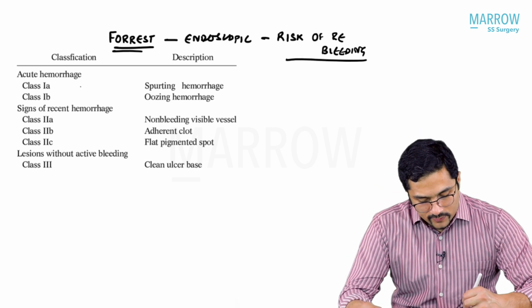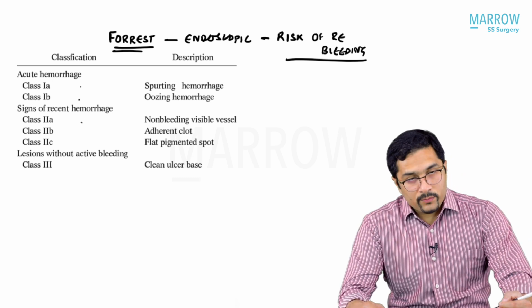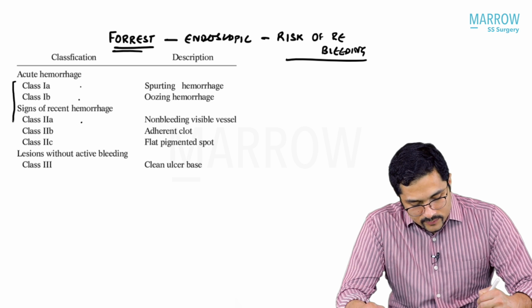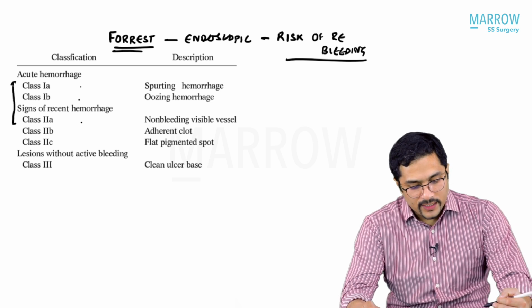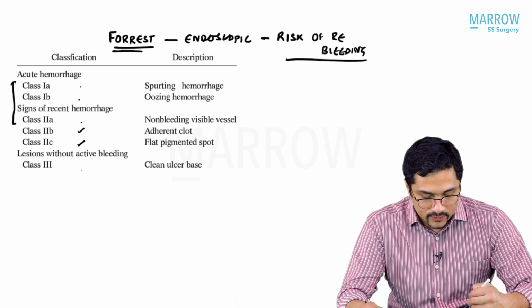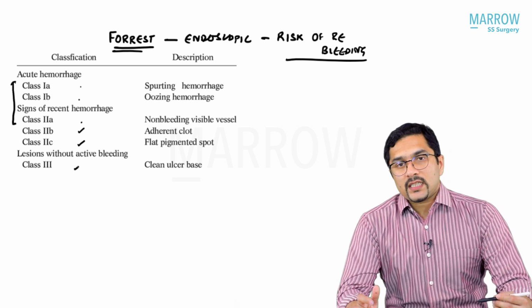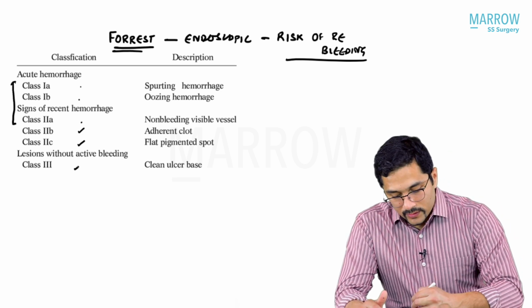Class 1A is when you have a spurting hemorrhage or oozing hemorrhage. 2A is non-bleeding visible vessel. These 3 patients have high risk of rebleeding. 2B is an adherent clot. 2C is flat pigmented spot, and 3 is a clean ulcer base. So, this Forest classification you need to remember for the exam.